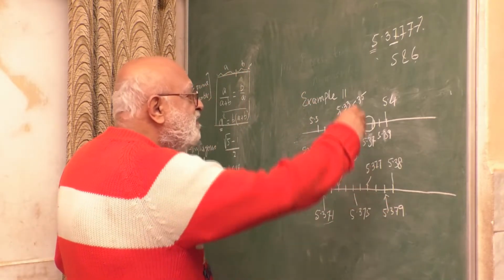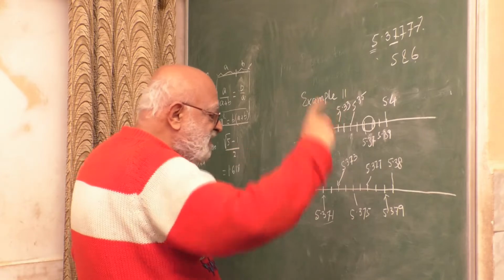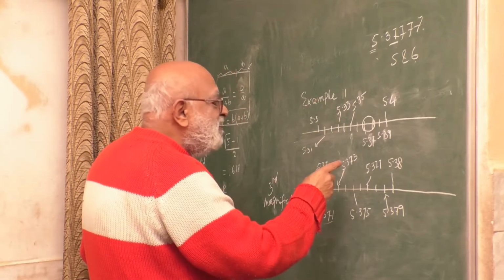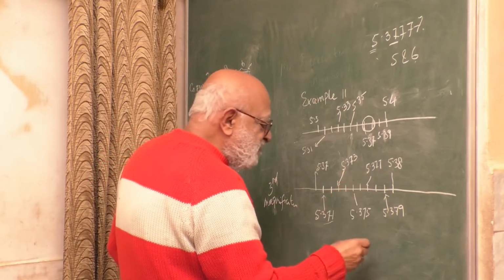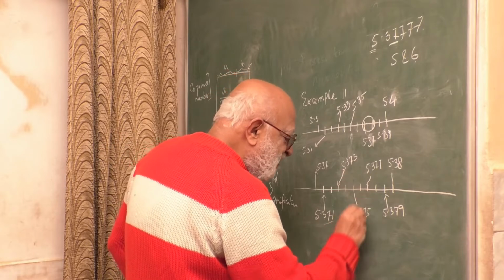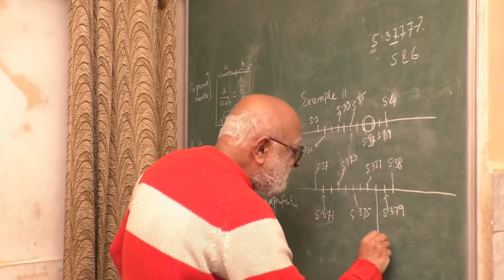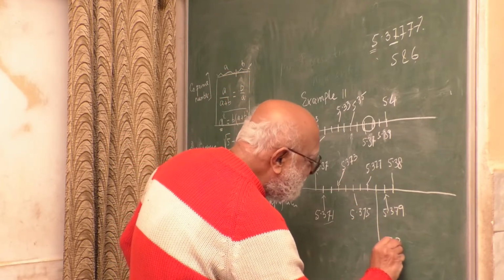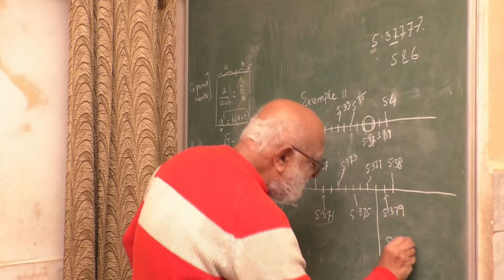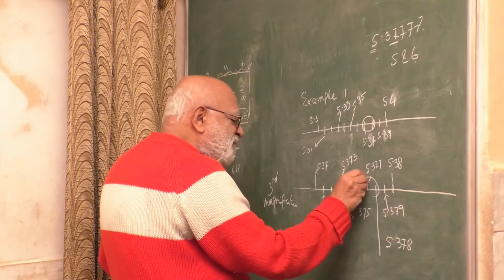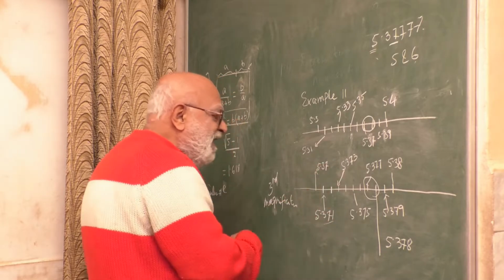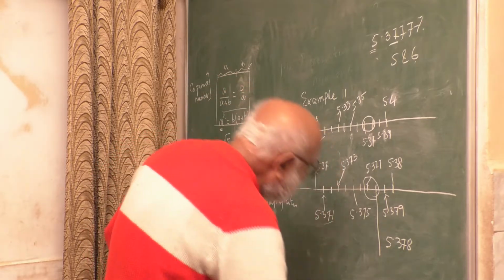Again look at it: this one is 5.377, so this one is 5.378. So I have to again pick up this one and go through another subset of divisions.